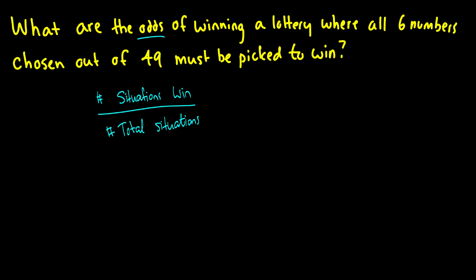So what's interesting is that if we can only pick 6 numbers and all of them have to be chosen, then there's only going to be one situation where we can win. But how many total ways are there to do this? Well, we just have to choose 6 numbers out of 49. So we're going to have 49 choose 6 on the bottom. And this is your answer. You have to be very careful because we talk about the odds.